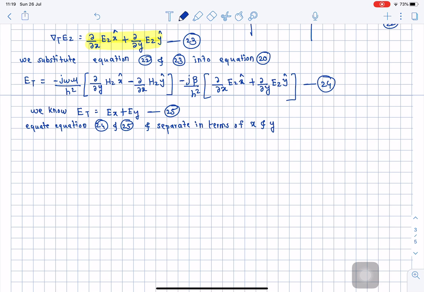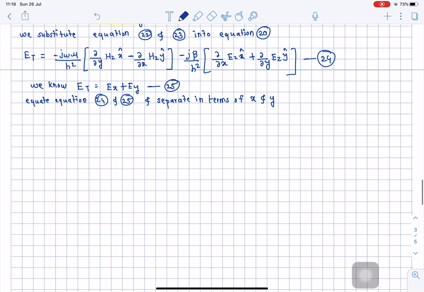When you equate equation 24 and 25 together, I get Ex separated, and it is given by minus j omega mu upon h square, daba Hz by daba y, minus j beta upon h square, daba Ez by daba x. Let us call this equation number 26.